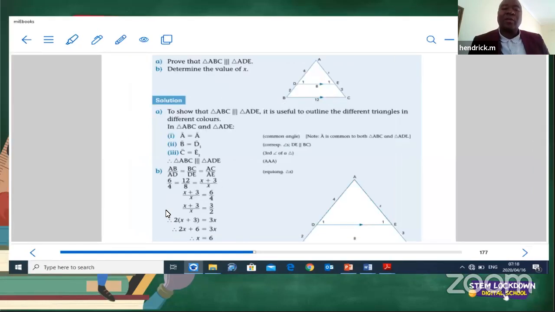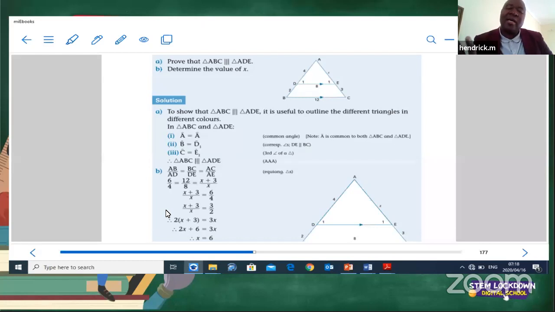Right. Now let's carry on to the next activity. We have how many triangles there? We've got two triangles there: triangle ABC and triangle ADE. I want us to prove that the two triangles are similar. In order to show that triangle ABC is similar to ADE, you need to use different triangles and different colors.